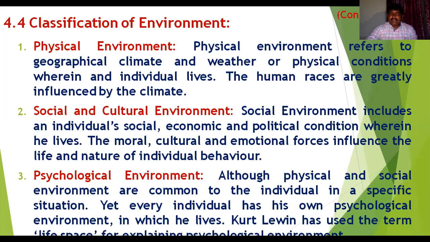The third is psychological environment. Although physical and social environment are common to the individual in a specific situation, yet every individual has his own psychological environment in which he lives. Kurt Lewin has used the term life space for explaining psychological environment.